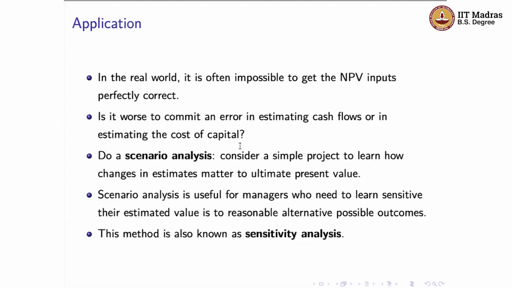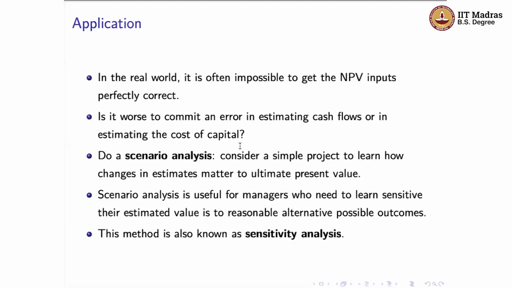We are going to consider a simple project and see how, if we make changes in estimates, that would lead to changes in our present value. How much of an error will we be making, and we want to compare these things. This is also very useful for managers who need to learn how sensitive their estimated value is to the different possible outcomes that can happen.